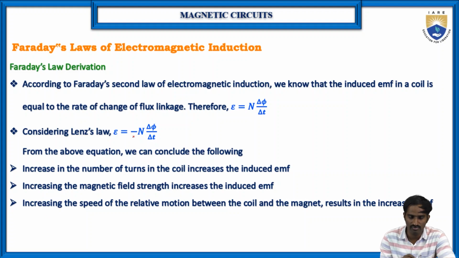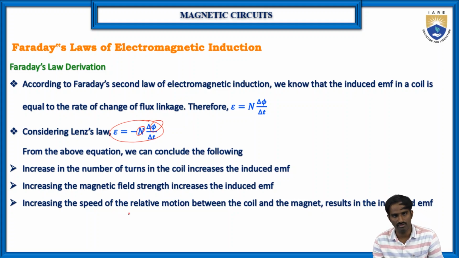From this equation we can see that an increase in the number of turns of the coil will increase the induced EMF in that coil. An increase in the magnetic field strength, which means increasing the flux, also increases the induced EMF in the coil, and increasing the speed of relative motion between the coil and magnet will also affect the induced EMF. So this is how Faraday's first law and second law work, right?